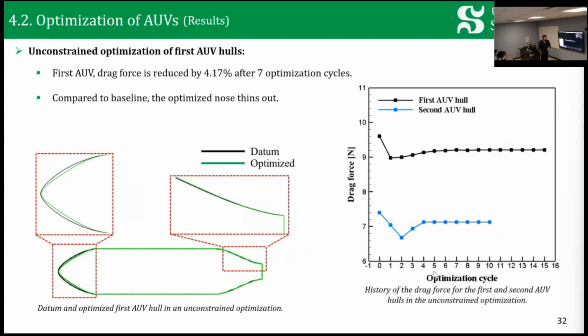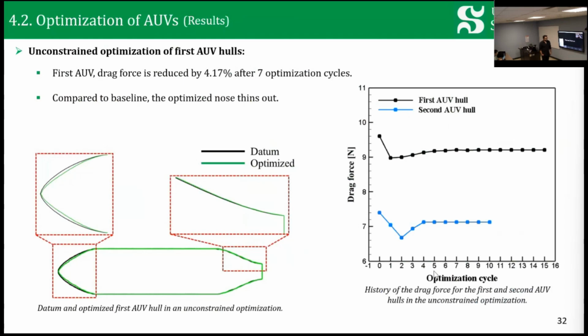Well, we cannot see a huge difference between the initial and optimized ones, since they have been optimized before with a different method. By the way, in unconstrained optimization, the drag force of the first AUV is reduced by approximately 4% after 7 optimization cycles.